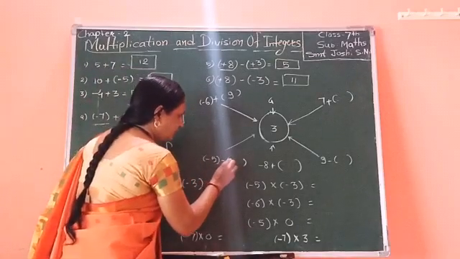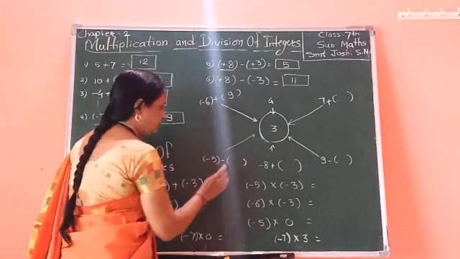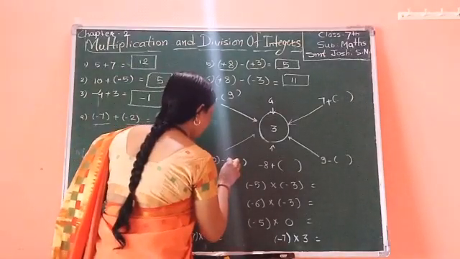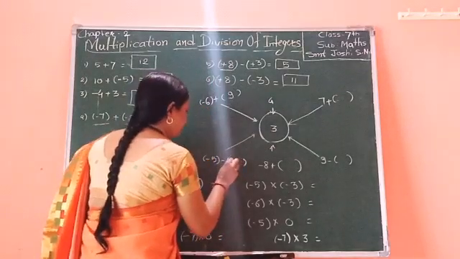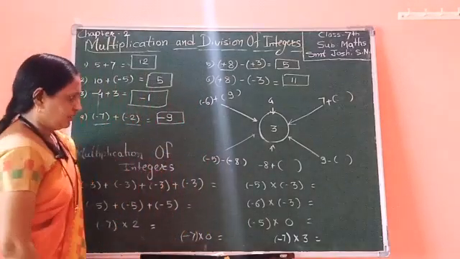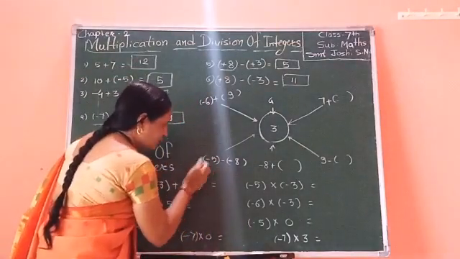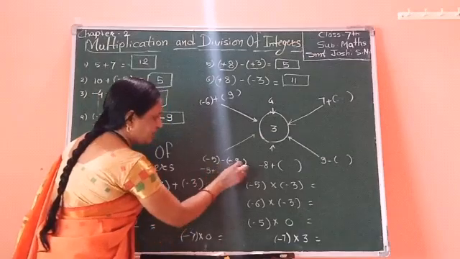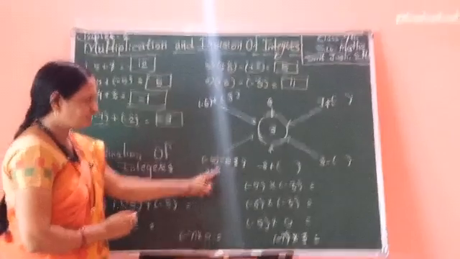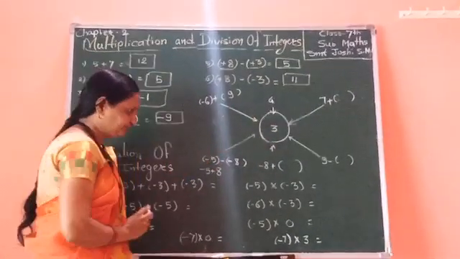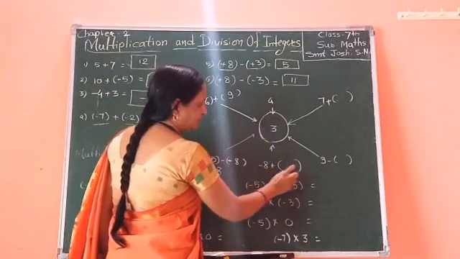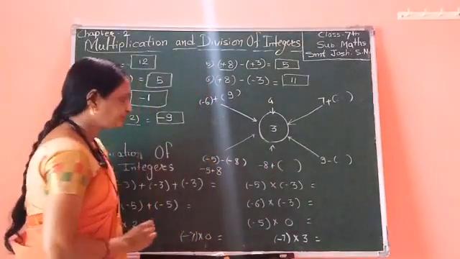Here minus 8, because minus 5 plus the opposite of negative 8, positive 8. 8 minus 5 equal to 3. Minus 8 plus which number comes here?